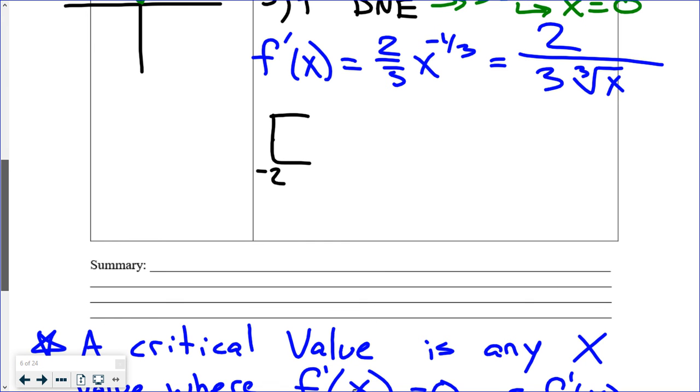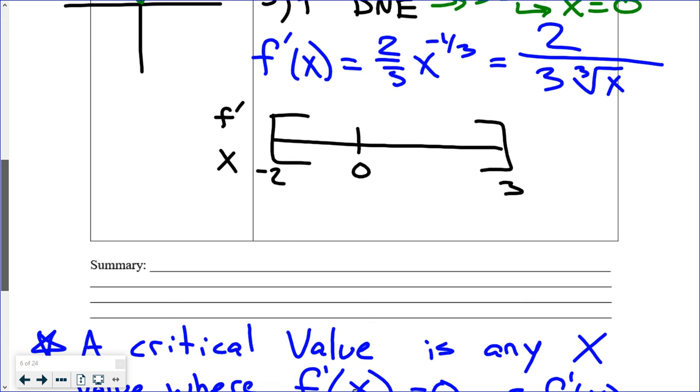It was at x is 0. When we start, I'll keep track of 3 things on my sign chart. Once you get good at it, you really only need to keep track of 2 things. We're going to keep track of x values and the sign of the derivative, which then tells me something about the original function.